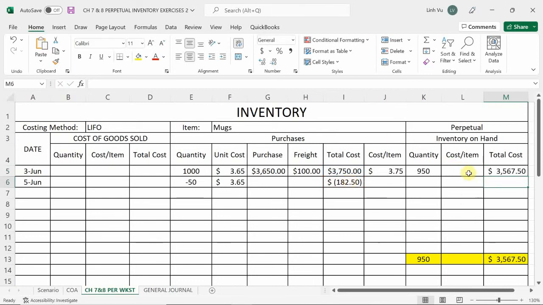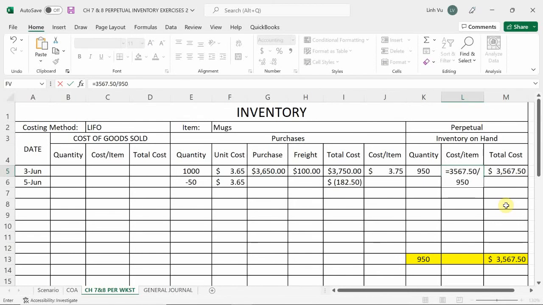Because I have a new total cost and a new total quantity, I need to solve for my cost per item now. So what is 3,567.50 divided by 950 units? Because I have a change in value and a change in quantity. $3.76.